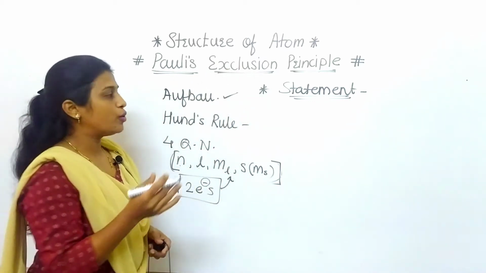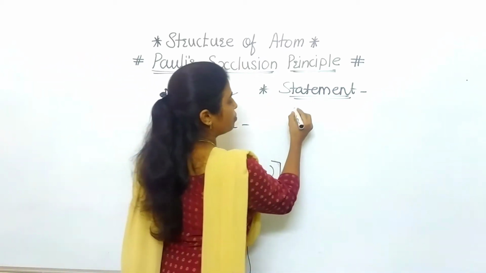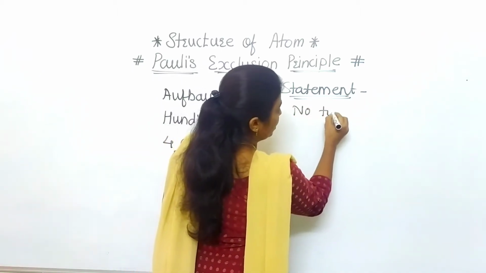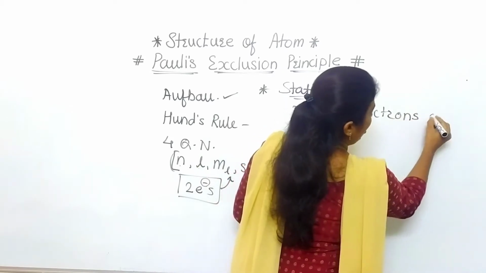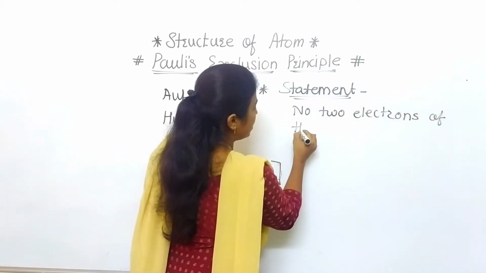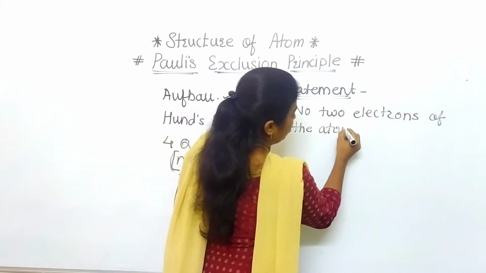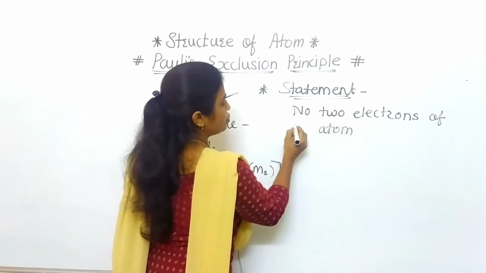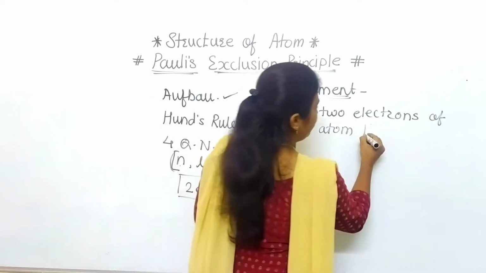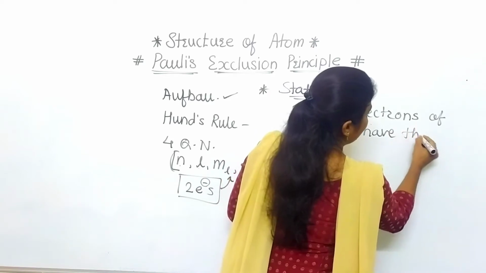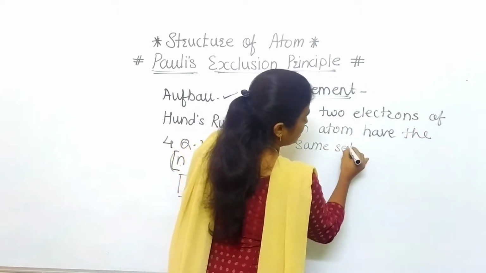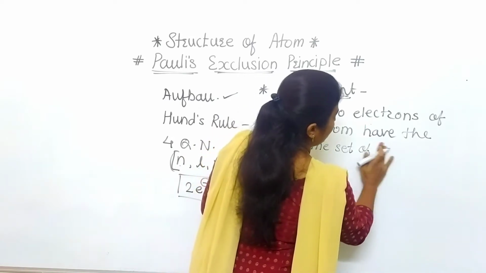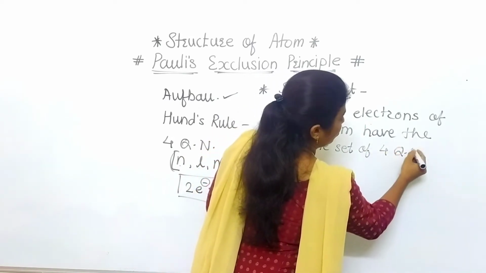Here we are going to discuss the statement. No two electrons of an atom have the same set of four quantum numbers.